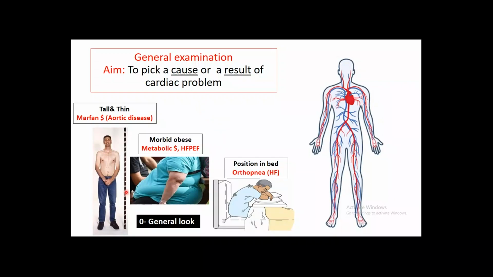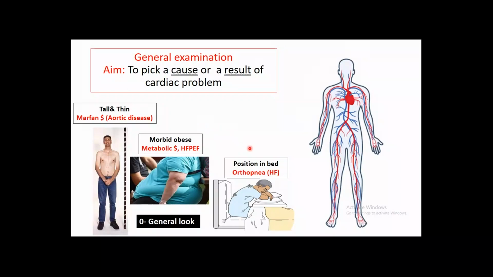If we have a patient, for example, a tall and thin one, we should suspect something like Marfan syndrome, which is linked with aortic disease. Also, if we have a patient with morbid obesity, we might expect the presence of metabolic syndrome, or if the patient is complaining of dyspnea, we should suspect heart failure with preserved ejection fraction.